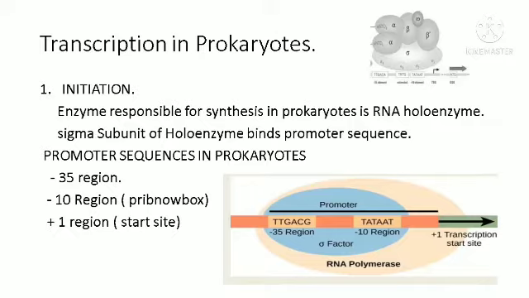Amongst the parts of the core enzyme, you have the alpha parts, then the beta part, then the beta prime, and you also have the omega part. So these also have varied functions. The alpha parts are simply needed in order to put this whole enzyme together.